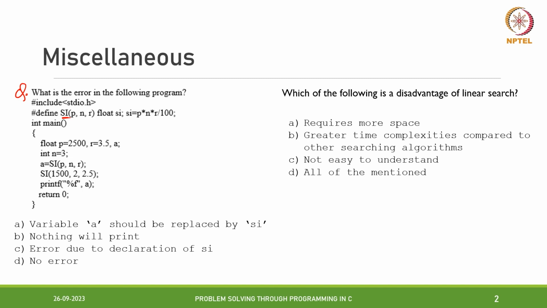Option C. Why do you think so? Okay, so if you give the curly braces, then it won't be an error anymore.